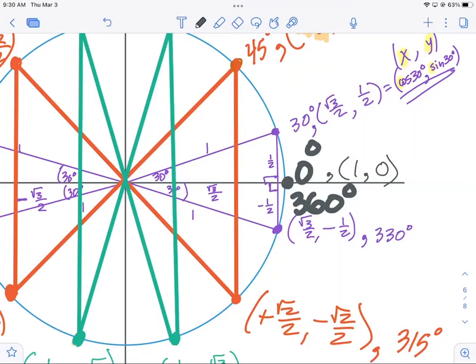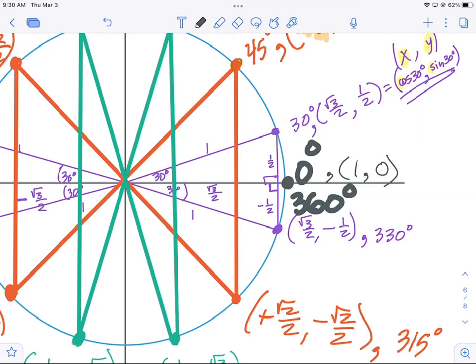Cosine is x. What's the cosine of 360 degrees? 1. What is secant of 0 degrees? 1. What is secant of 360 degrees? 1. Y'all know any number besides 1? 0. Yeah, 0, which means no, we don't.